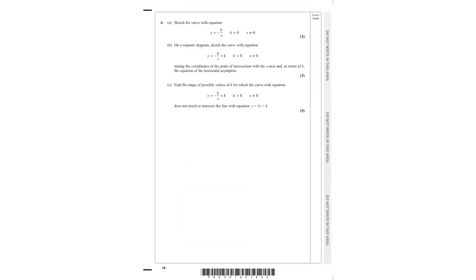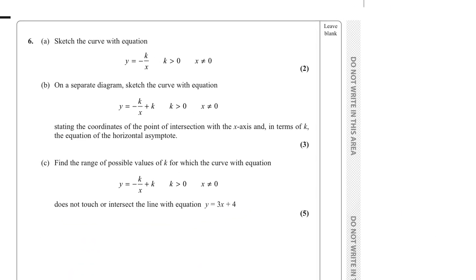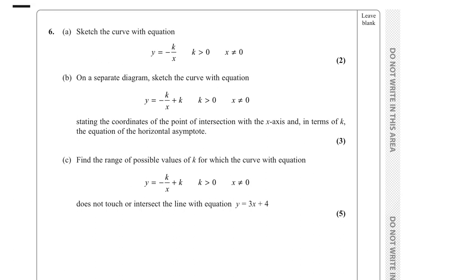Okay. Yeah, question 6. Sketch the curve of the equation y equals minus k over x. Okay. Do we need to mention coordinates? No, we won't. It doesn't say anything about coordinates, so I think we're okay for the first one. So for the first one, obviously I'm using a ruler.